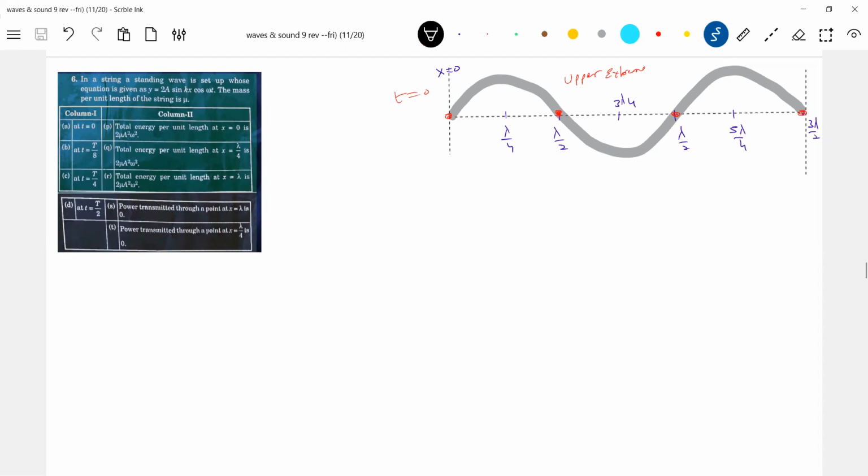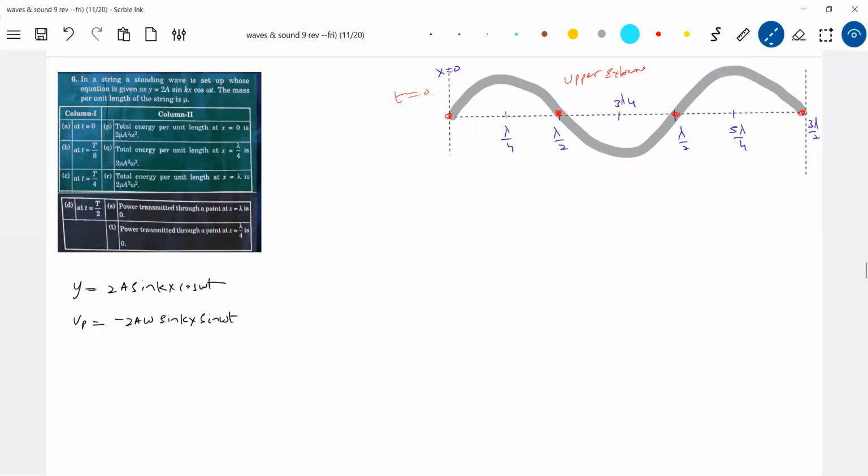Let's check the mathematics first. 2a sine kx cos omega t. So this will be minus 2a omega sine kx sine omega t. At t equal to 0, what do we get? Velocity will be 0.